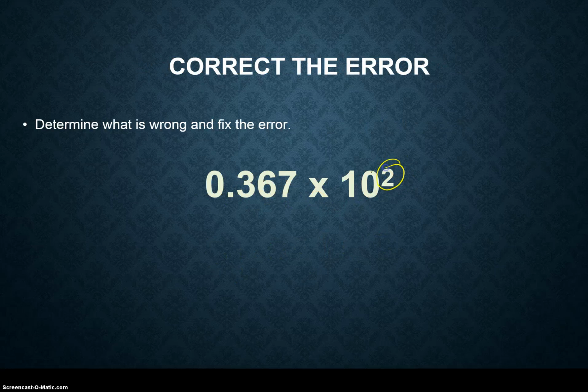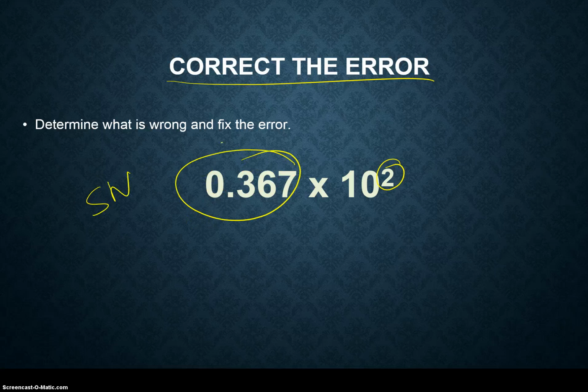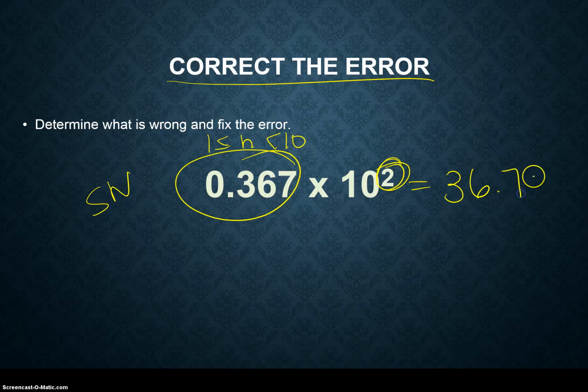In this case, your exponent is a 2, but this problem says correct the error. This number is technically incorrectly written. It is not in scientific notation because the first number is not between 1 and 10. So to fix this, you could either evaluate it as is, because if I moved it 2 values to the right, it would be 36.7. Then ask yourself, how could I write that in scientific notation?